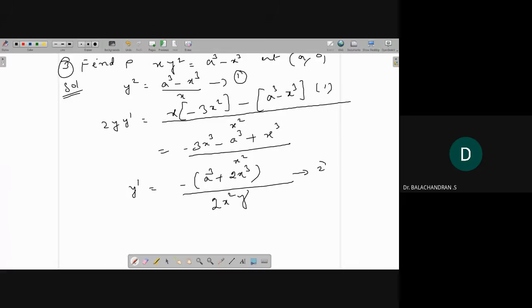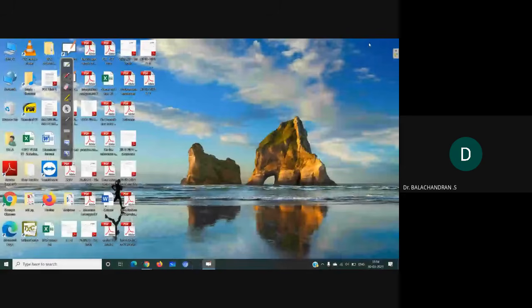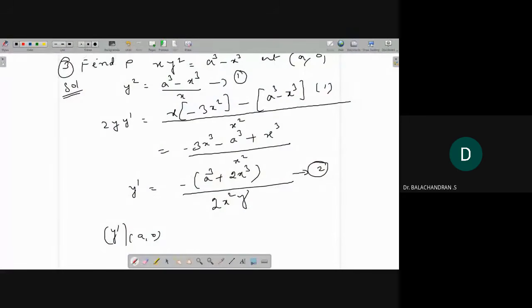This is 2. Okay, now after finding y dash, what is next? We need to find y dash at the given point, a comma 0.